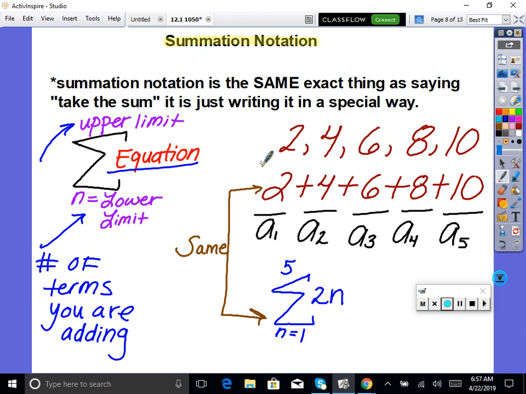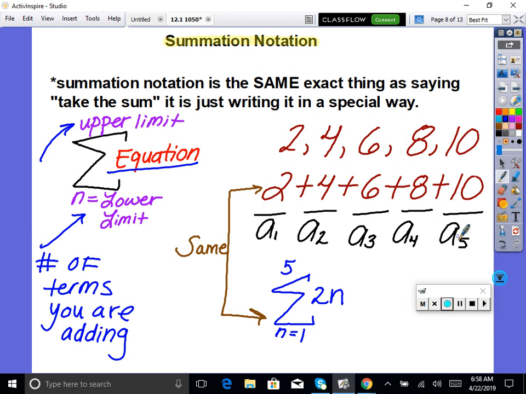Now if I say to you find the sum, you could write it like this, true? Another way if I say take the sum is to write it in summation notation. So we'd say, okay, if we're asked to find a sum, we're going to do a summation sign. That means add. Now how many terms are we adding up? 1, 2, 3, 4, 5.